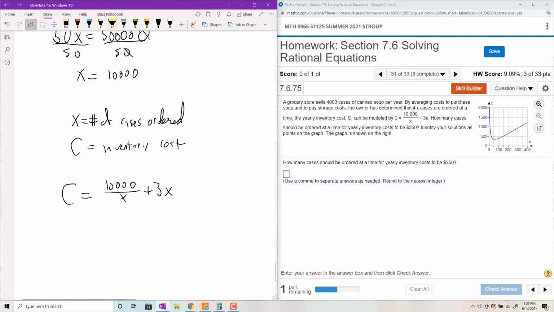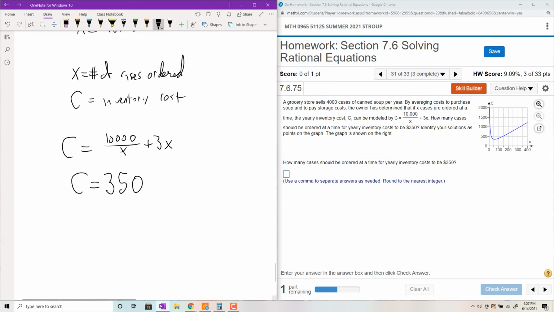So it's very similar to the last problem. They're giving you one variable and they want you to solve for the other. Okay, so in this case, again, they're giving you the C value. So let's put 350 in for C into their given model.